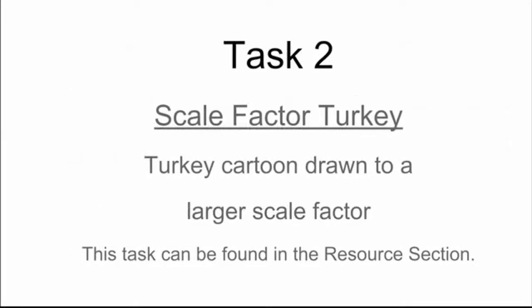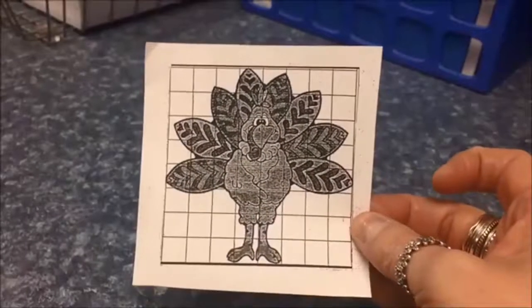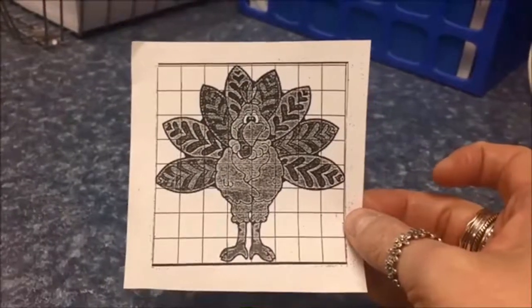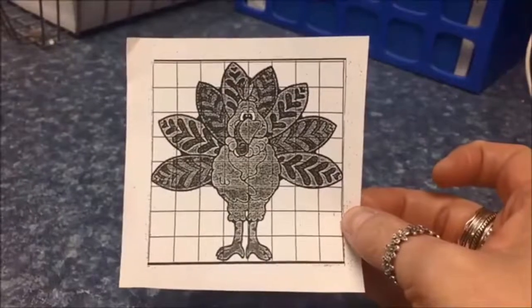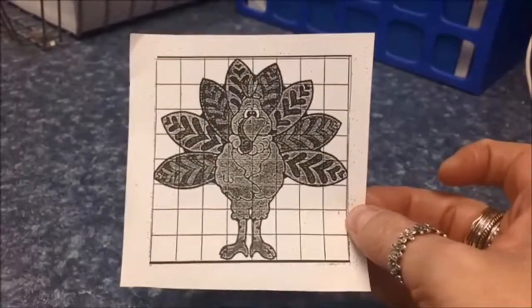In this task, students will create a turkey at a larger scale factor. I selected a turkey for this task because my students completed this activity around Thanksgiving. Any object or cartoon will work for this task. One quick and easy way to modify the scale drawing activity for students is to provide them with an image that is already placed on 1 centimeter by 1 centimeter grid paper.